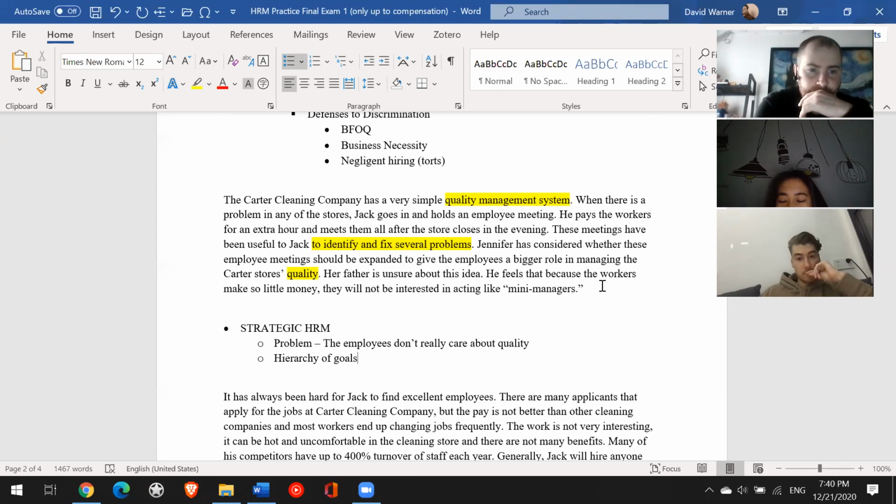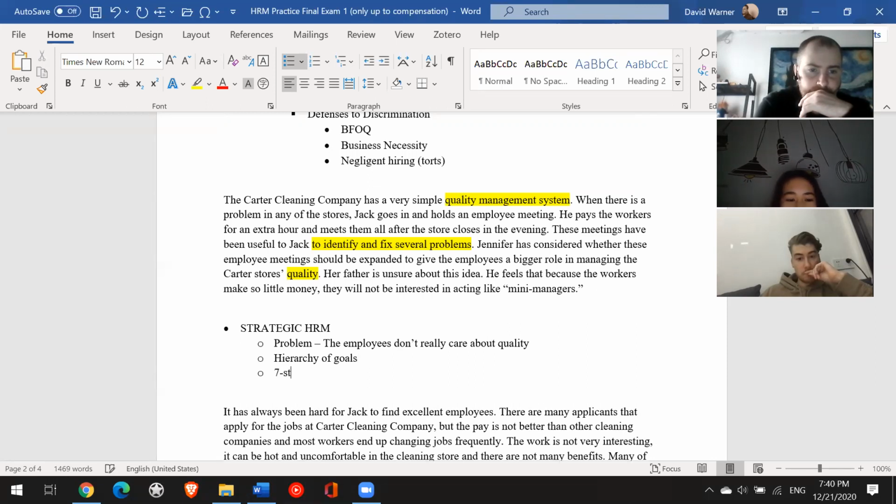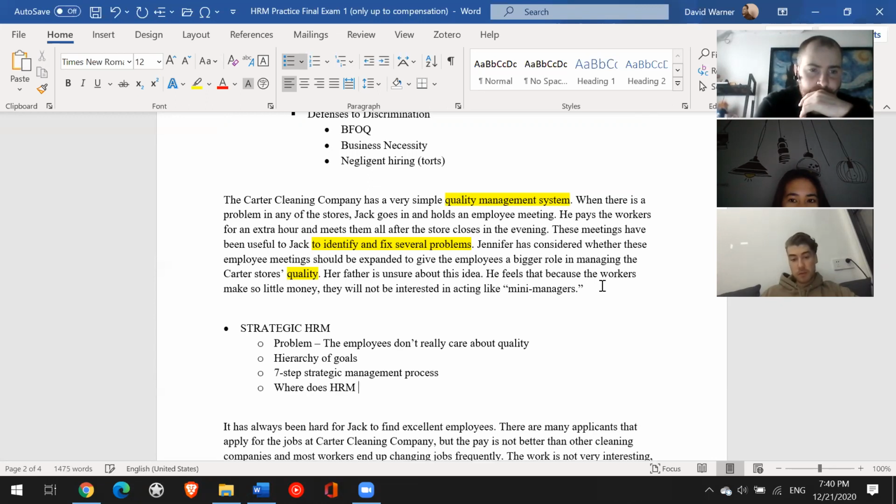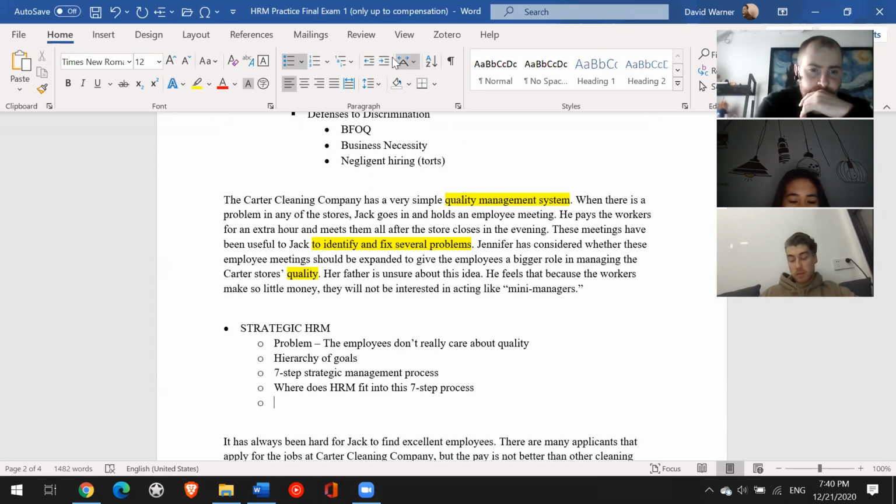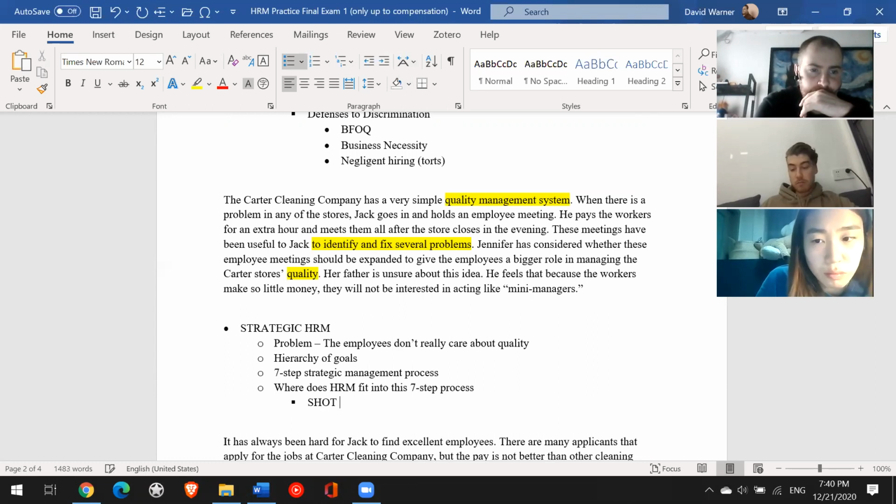So in terms of this, we would have the 7-step strategic management process, and maybe where does HRM fit into this 7-step process. And we talked about the steps where HRM fits in, which is like the SWOT diagram or the SWOT analysis.